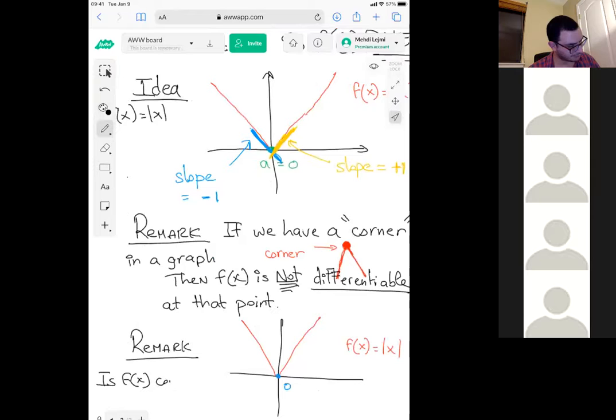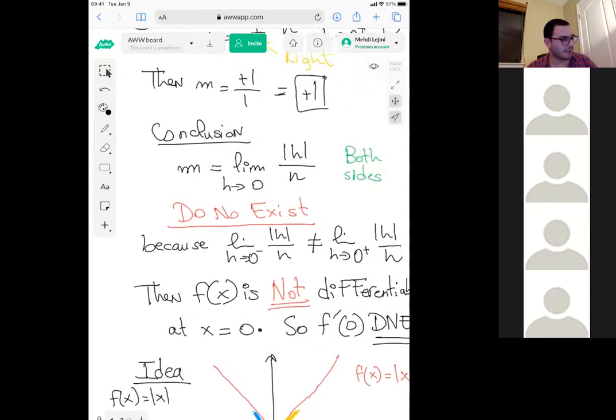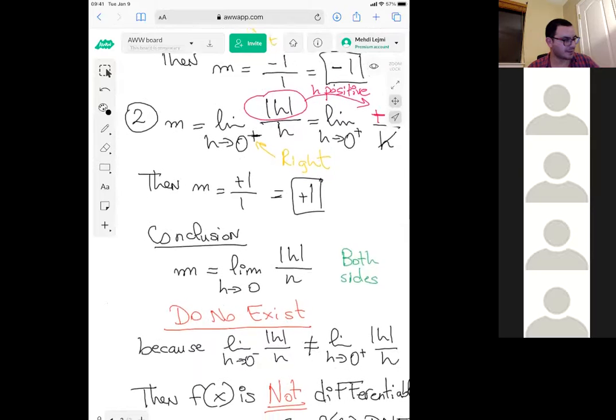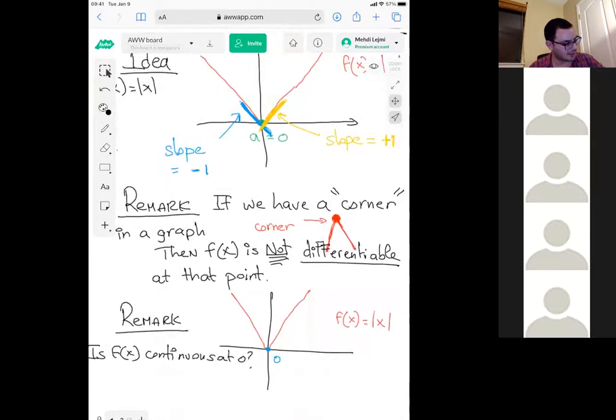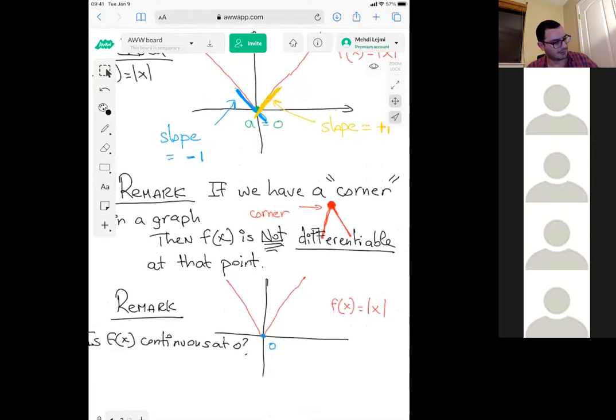No. Why? What's f of 0? It's 0. Okay, so now when you approach 0 from the left, what will be the limit of f of x? f of x is the absolute value of x, right?